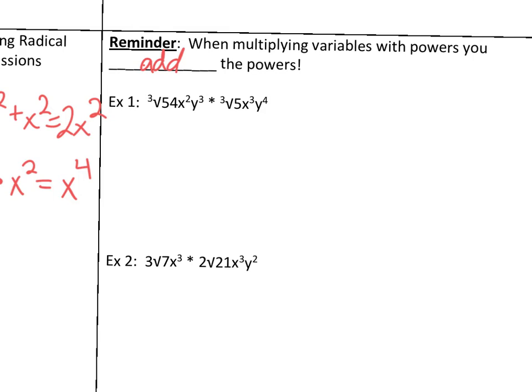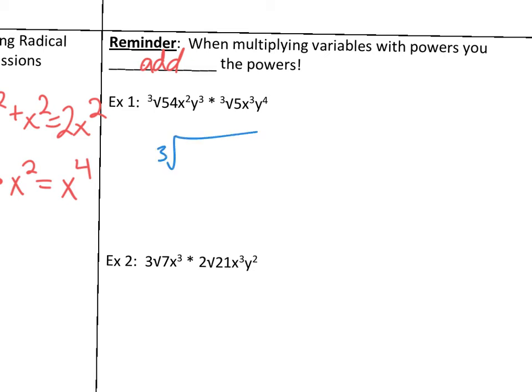So we will start with this first one. Same index? Yes, so I'm good to multiply. Do I have any coefficients? No, just 1 times 1, I don't need to write that.